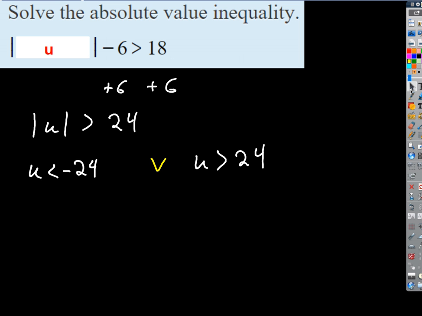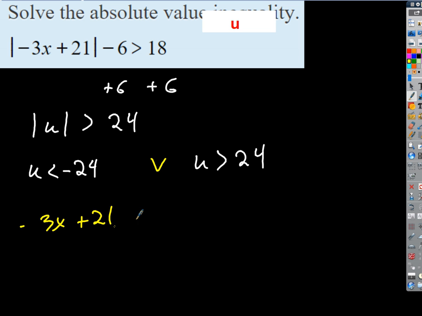And now that we've separated into the two equations, we followed the rules where we can't mess around inside the absolute value until we get here. Now we can substitute what's actually inside. And we end up with -3x plus 21 is less than -24, or -3x plus 21 is greater than +24.